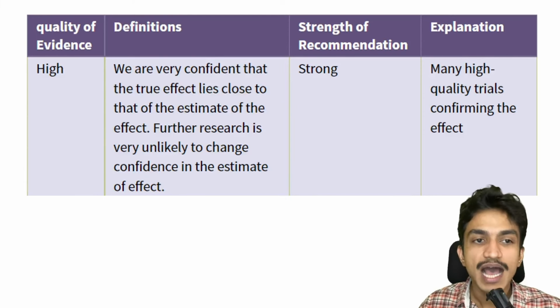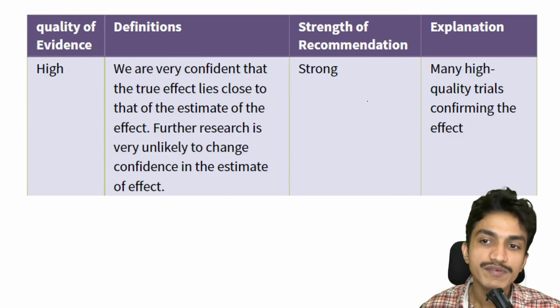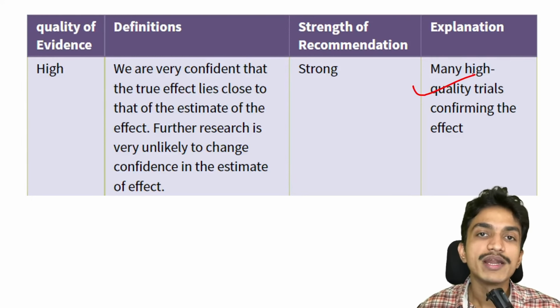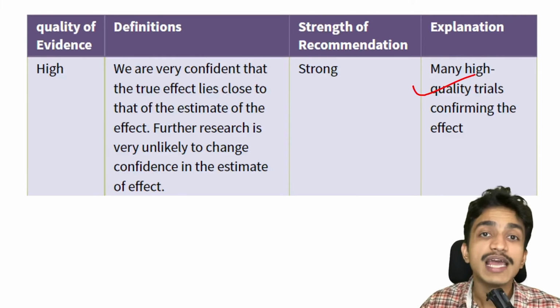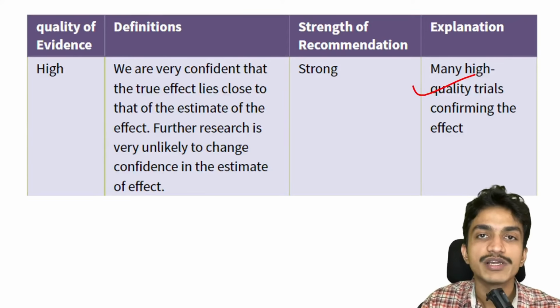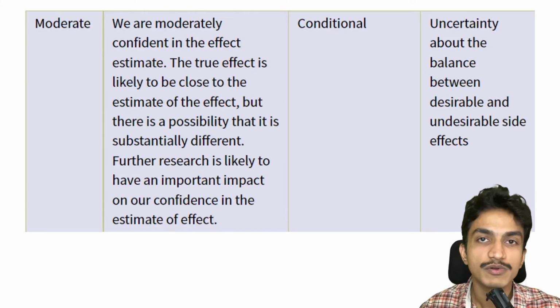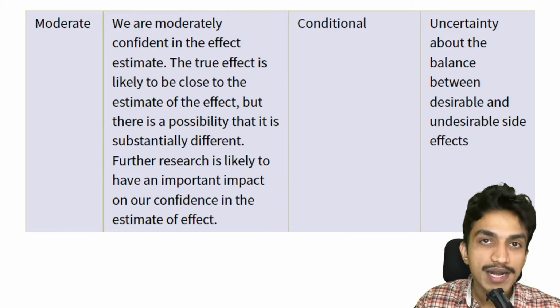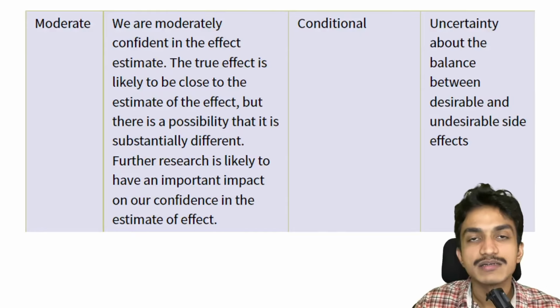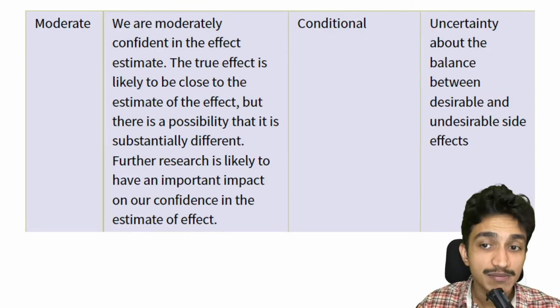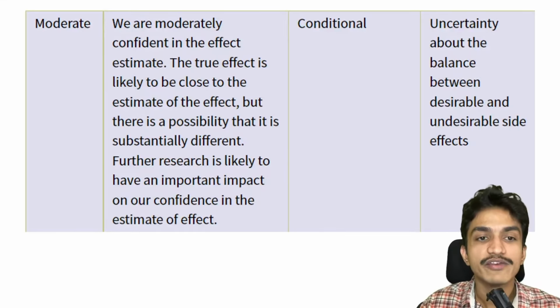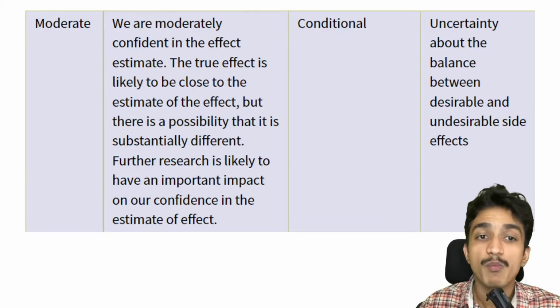For this high quality of evidence, what do you need? Many high quality trials need to confirm it. Then only can we say that this particular test, treatment, or drug has a high quality of evidence to be used in a particular group of patients. Moderate: there is a certain desirable and undesirable effect, and we are moderately confident in the effect estimate.